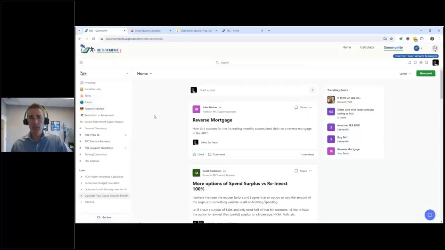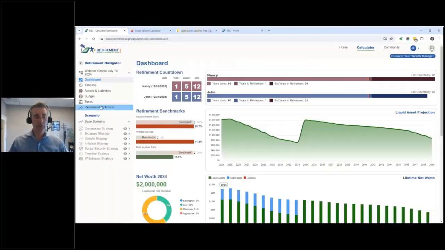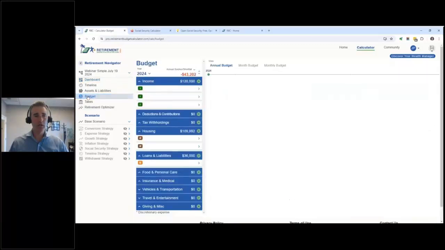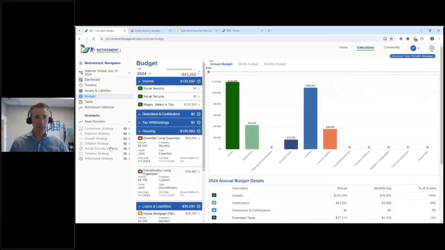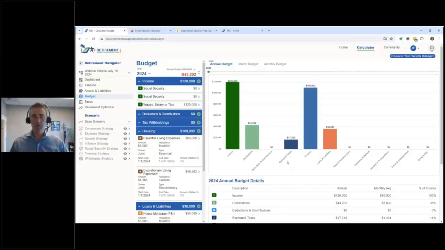Then when you use that information, you want to come over to the calculator and plug in those different variables for your situation. So you create your initial Social Security income, but then down here, you can say, okay, the baseline was I wanted to start it at 67. What if we were to start it at 70 instead? Or what if we started at 62 instead? And then you can look at the numbers to see how it impacts your plan.